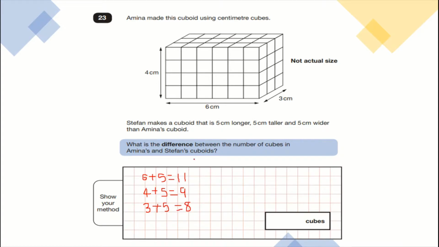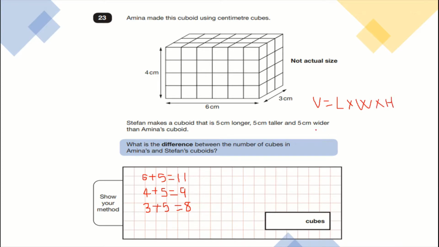Now we are going to find the difference between the number of cubes in Amina's and Stefan's cuboids, so we have to work out the volume. And to work out the volume, we times the length by the width by the height. Volume is length times width times height.